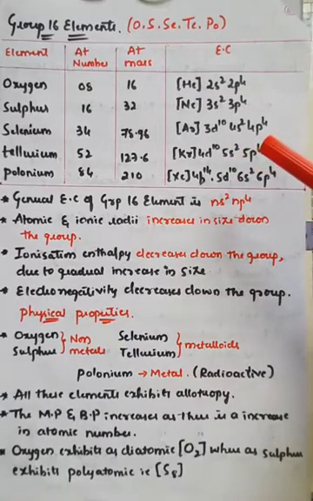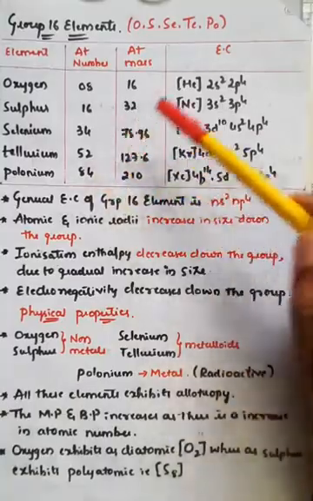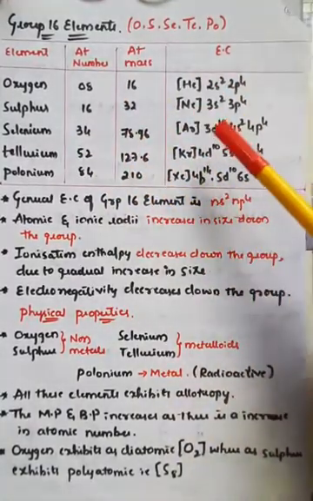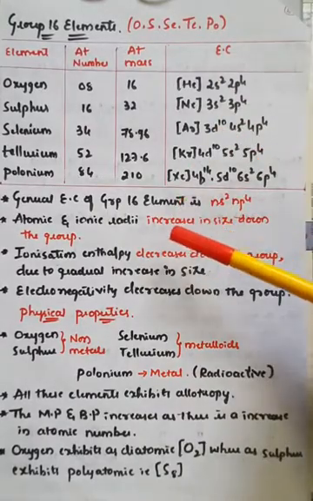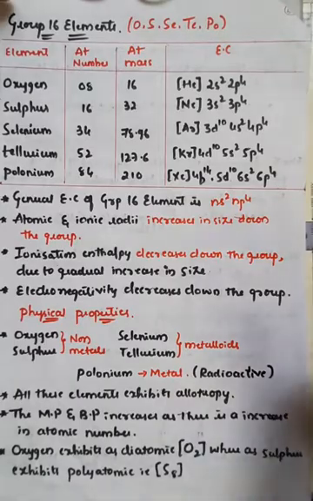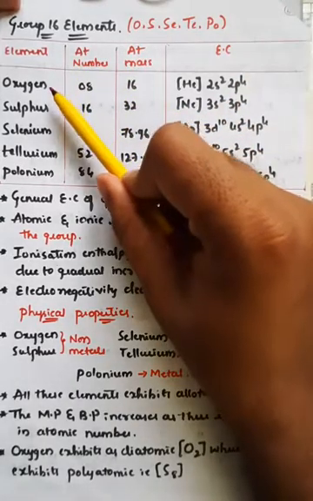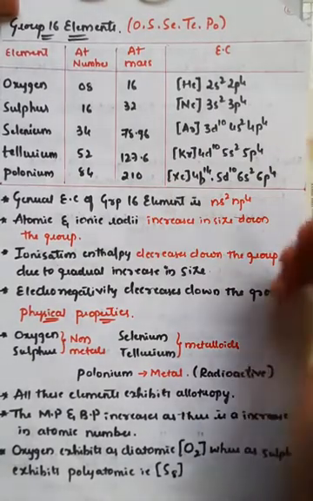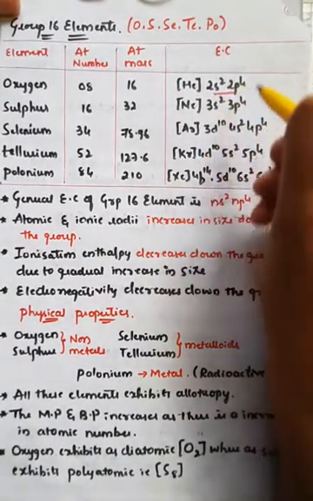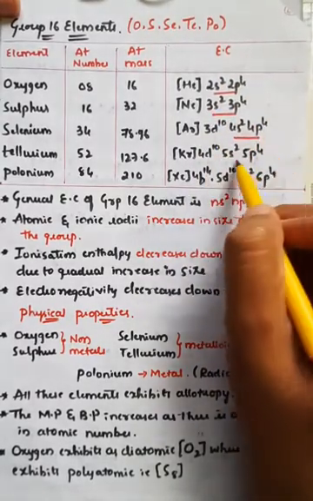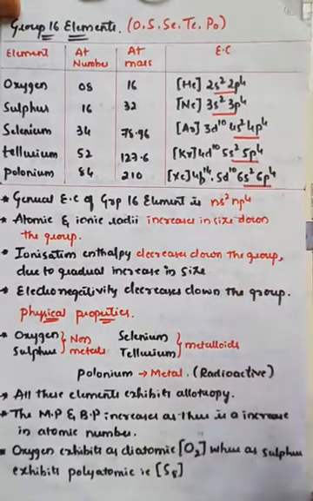Already I have taught how to write the electronic configuration by knowing the atomic number of the different elements, right? So if you know the atomic number, you can directly write the electronic configuration very easily. The most important thing to observe here is, whenever you compare the outermost electronic configuration of group 16 elements, that is oxygen, sulfur, selenium, tellurium as well as polonium, it is 2s2 2p4, 3s2 3p4, 4s2 4p4, 5s2 5p4, 6s2 6p4.